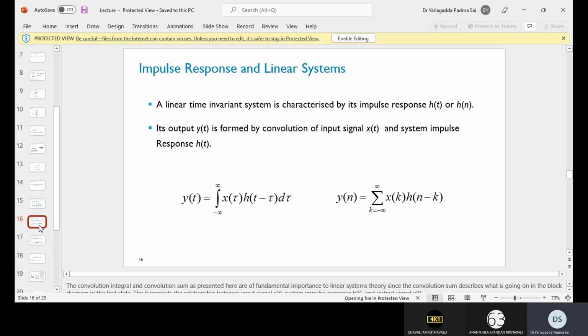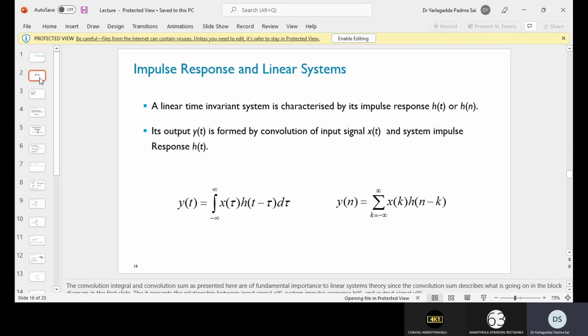Okay, so now impulse response of LTI system. This is also one of the important concepts. Okay, so what is response? Response means you are applying some input. Already I showed in the first slide, I am having one system here.